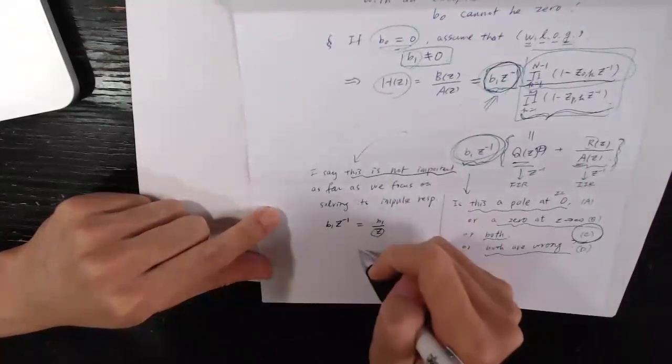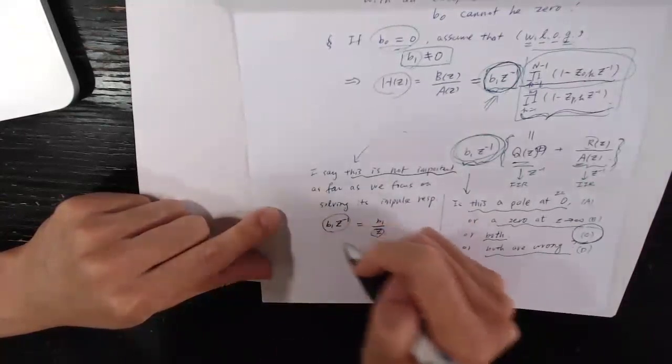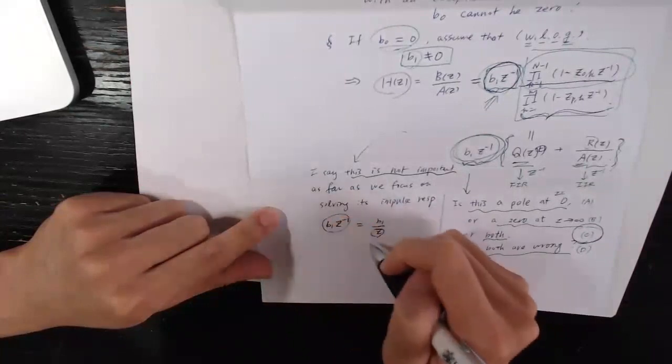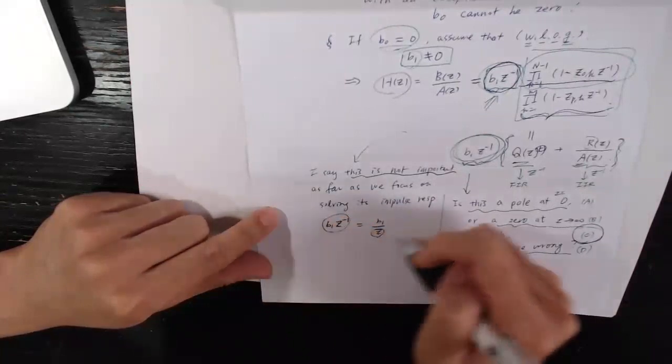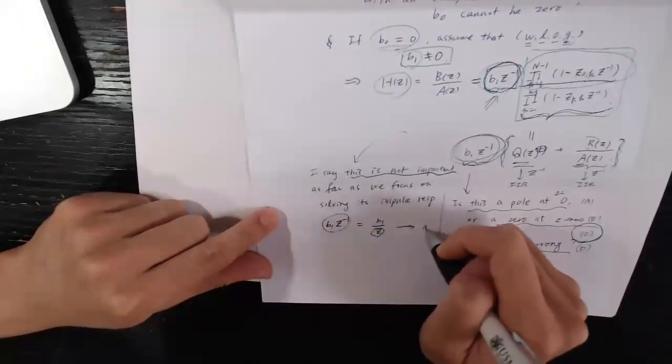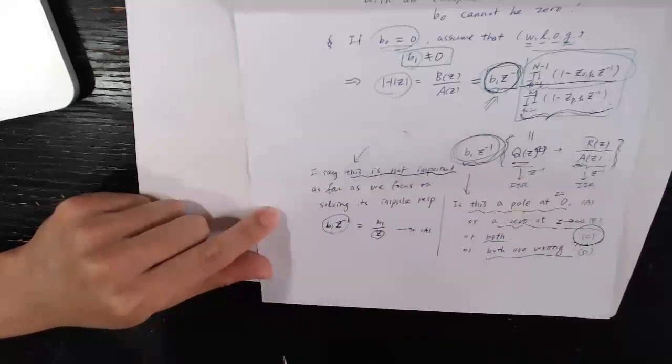But also, you can say B1Z inverse is, so that leads to the interpretation, a pole at 0.